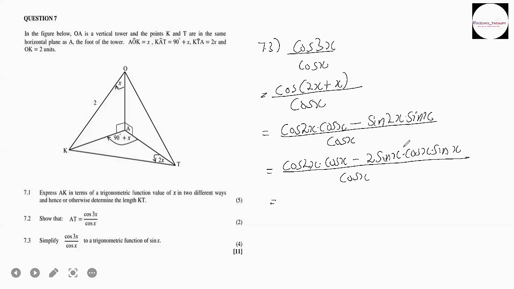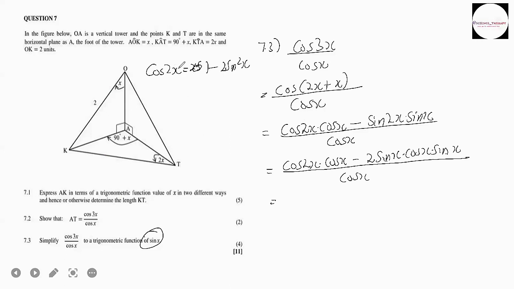So now that we have got the hint from this side here, let's try to break down the cos 2x to this one here, which is 1 minus 2 sine squared x, right? So let's use this one because we can see that they're trying to make us simplify this to a trigonometric function of sine x.